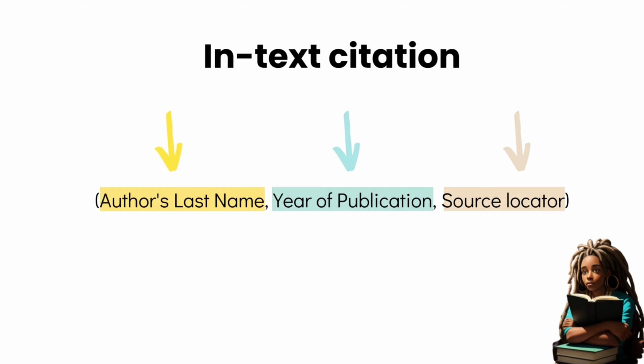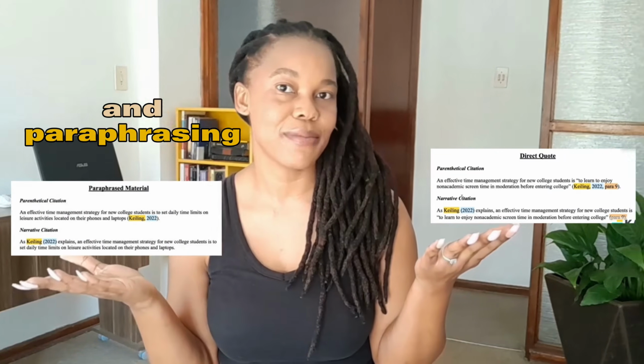This is known as the author-date system. These 3 elements can all be put in one name tag, or just 2 of the 3 elements can be used, depending on the form of citation, since in-text citation has 2 main forms: direct quotes and paraphrasing.